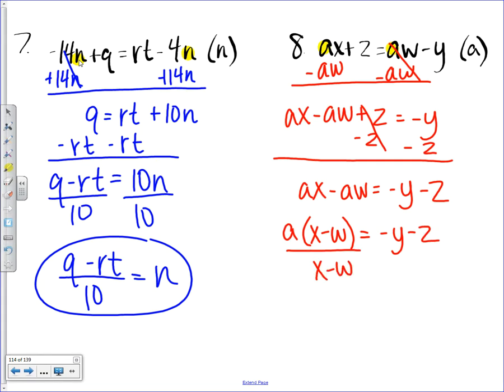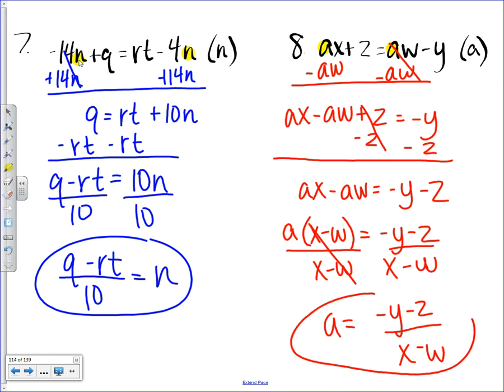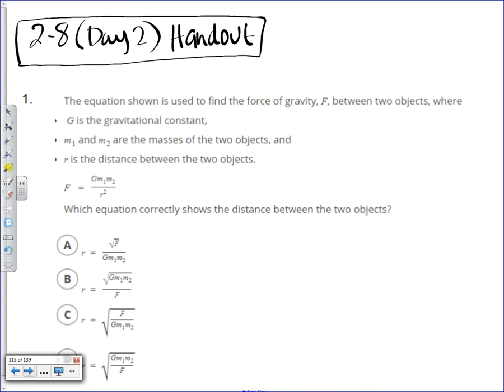Divide by the x minus w. Oops, that's not a y, that's a w. And I get a is equal to negative y minus z all over x minus w. Again, I remind you, that could be in a different order as long as the correct symbol is on the correct term. All right, let's move over to your handout here.